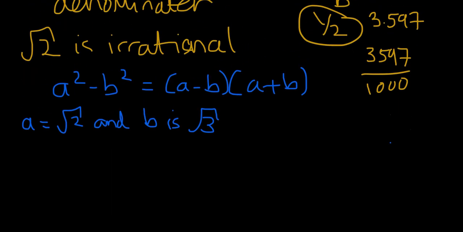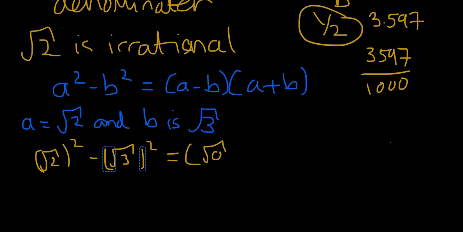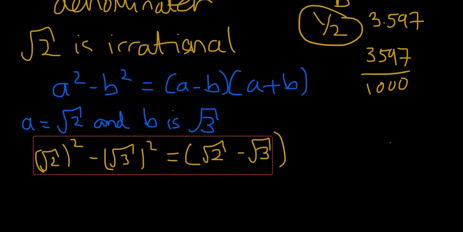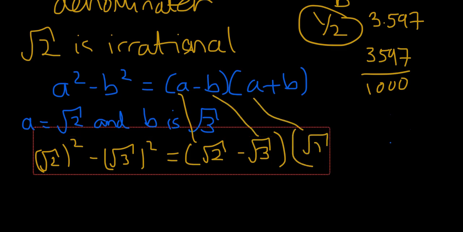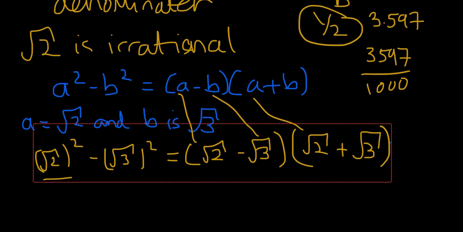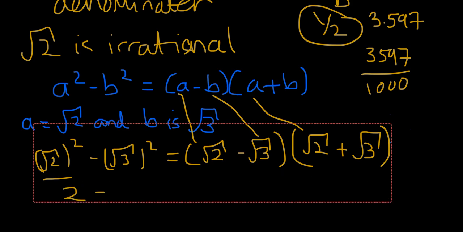Because now it says that square root of 2 squared minus square root of 3 squared is square root of 2 minus square root of 3, right? We're just subbing this in here. And then here, a is square root of 2. Now we have a plus, and here we have square root of 3. Okay, and square root of 2 squared is, of course, just 2. Square root of 3 squared is just 3. And this is equal to this.